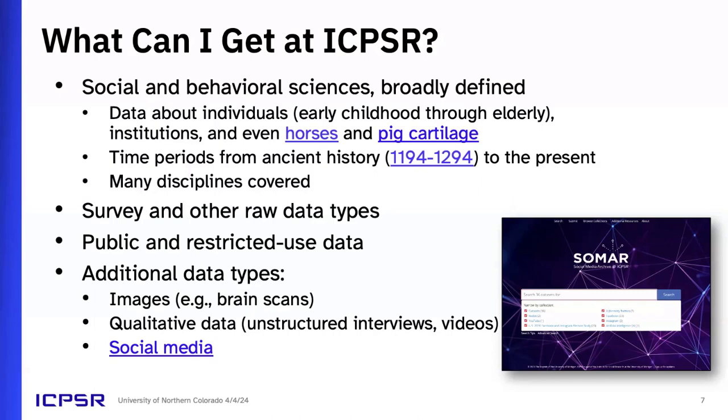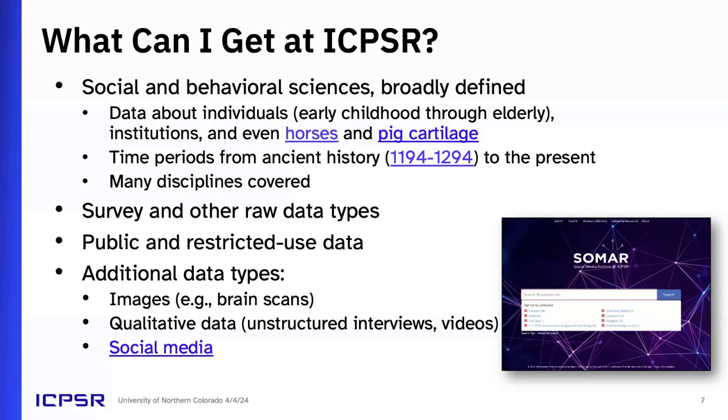We have information about institutions like colleges or universities, libraries, art museums. We have data about events, and we even have some random data about animals, like if you want to know the heights of horses in the Habsburg Empire, you can click the link that says horses. And if you're in maybe criminal justice and you want to know what knife marks look like in pig cartilage, we have some of that as well.